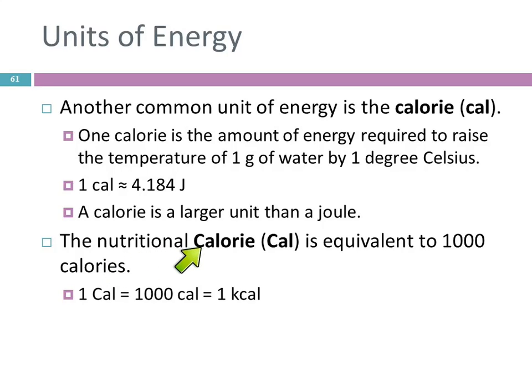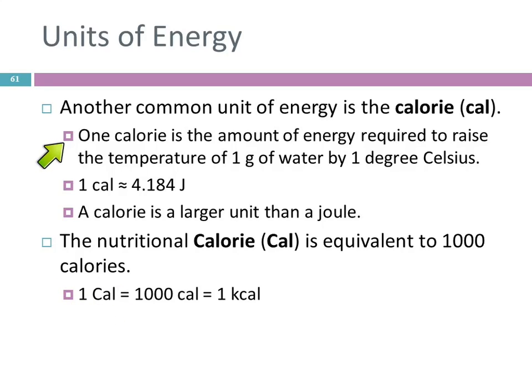Okay, so a big C, and the big C is carried along in its abbreviation, is equivalent to 1,000 of those little c calories. So essentially, a nutritional calorie is a kilocalorie. Kilo means 1,000. And so 1 kilocalorie is 1,000 small calories, and that's what a nutritional calorie is. Well, what is a calorie?